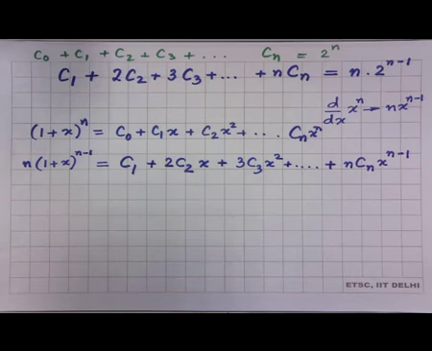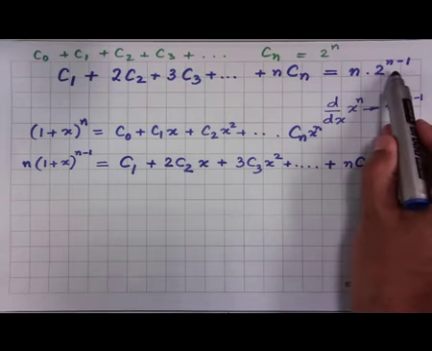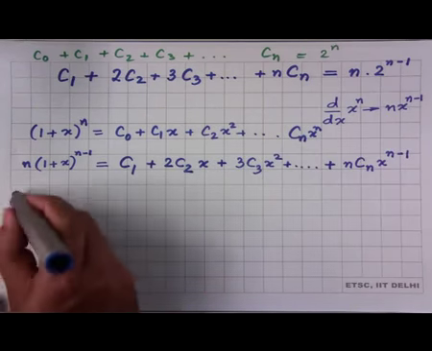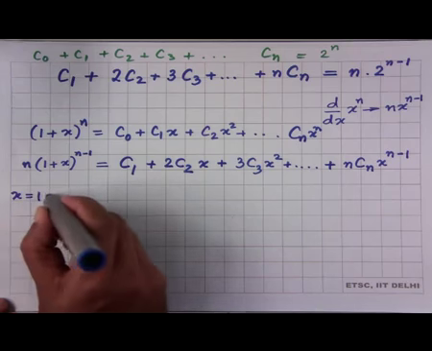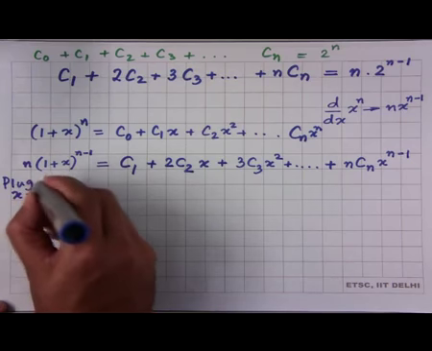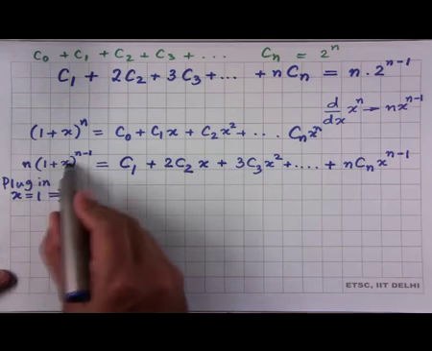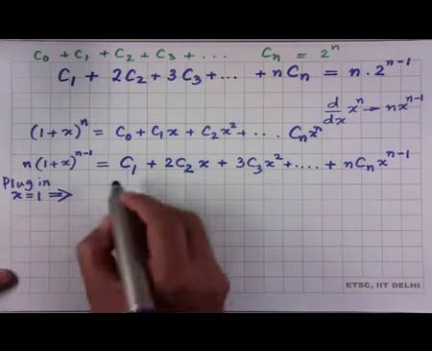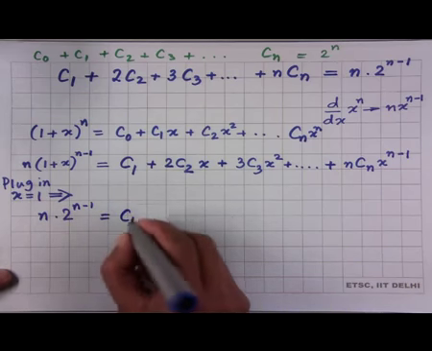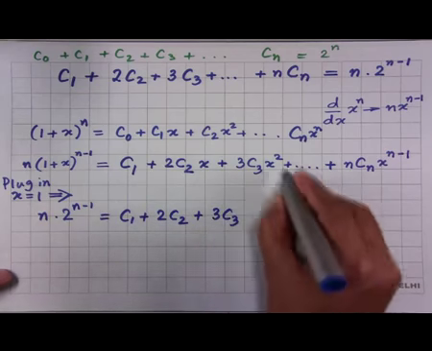And now guess what? What do you have to plug in? Look at the answer, x equal to 1. So, plug in x equal to 1, you get 2 power n minus 1 times n, and that is equal to C1 plus 2 C2 times 1 plus 3 C3 times 1 squared.